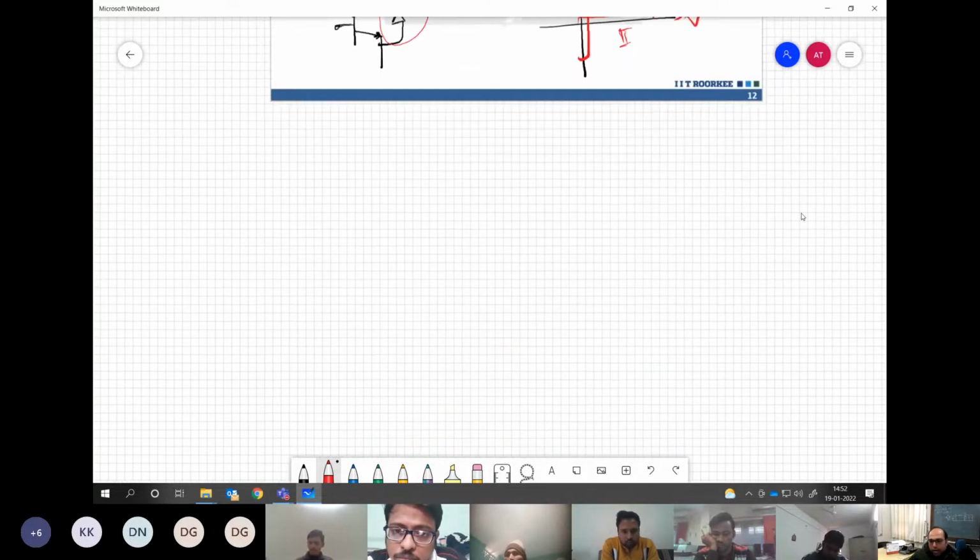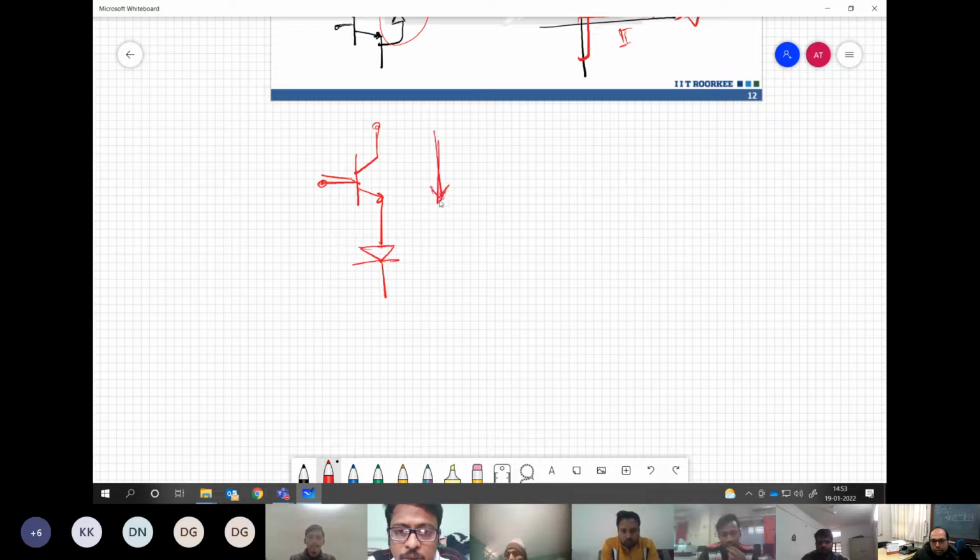The diode can be connected in another manner as well. Say I have the BJT and I connect the diode in this manner. What will it do if I connect it like this? Unidirectional current and bipolar voltage blocking capability.